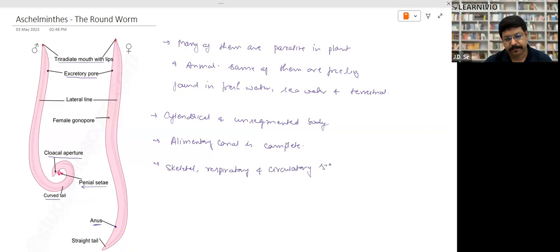So basically, these three systems are not found, right? And gas exchange takes place through the body wall. So need not to tell.